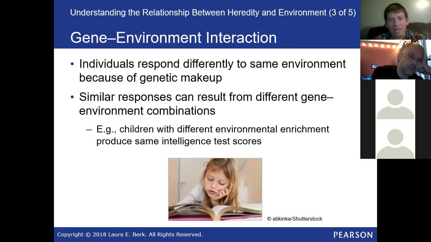So now the gene environment interaction. Individuals respond differently to the same environment because we have different genetic makeups. Similar responses can result from different gene environment combinations. For example, children with different environmental enrichment produce the same intelligence test scores.